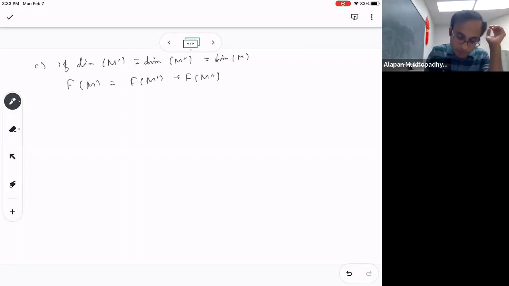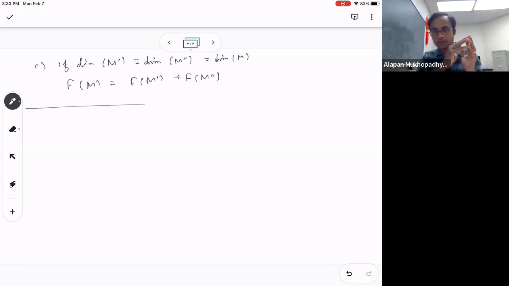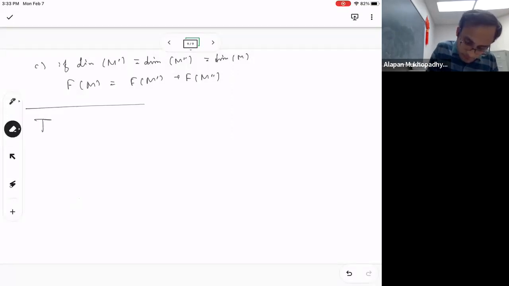Okay, so these are some trivial properties. And if I use these two properties, I can show the following two computations. The first one is this. I can compute the Frobenius-Poincare function when the ideal is generated by a homogeneous system of parameters. So again, let's call it a proposition.